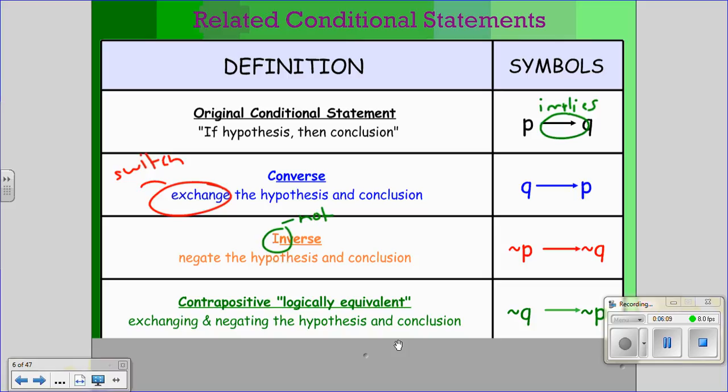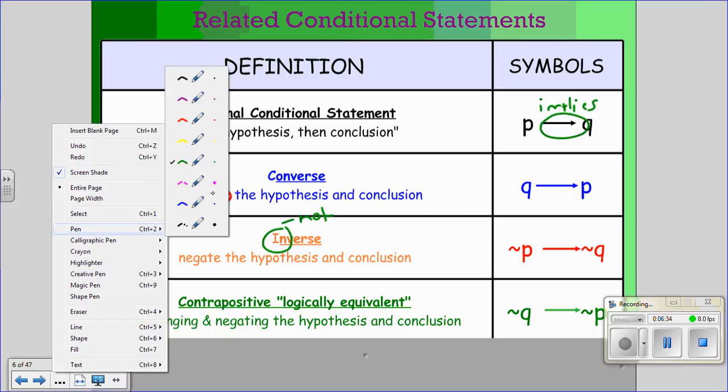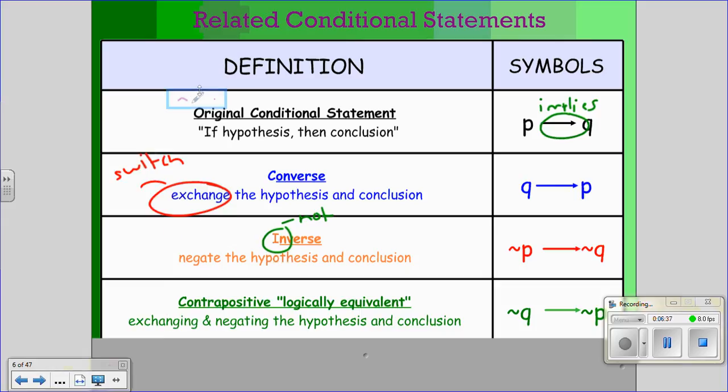Now, a lot of these statements are going to have a truth value. The statement will either be true or false. In order to say it's true, it has to be always true. If it's sometimes true, you're going to say false. So what you should notice when you do the validity testing, true or false, is that the converse and the inverse will always have the same value, either both true or both false.